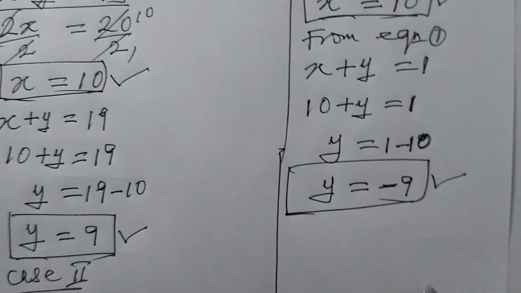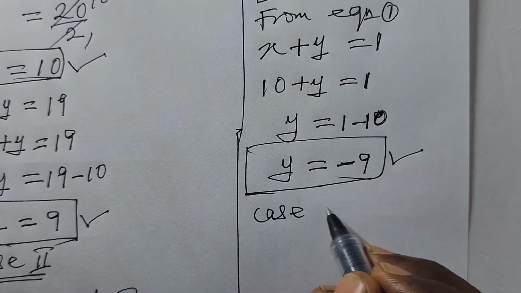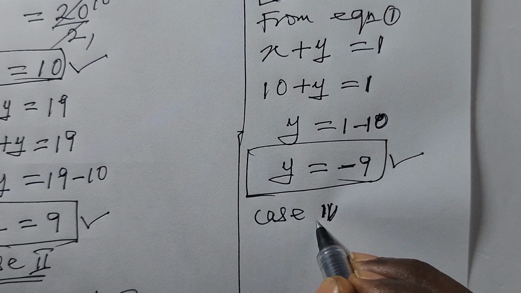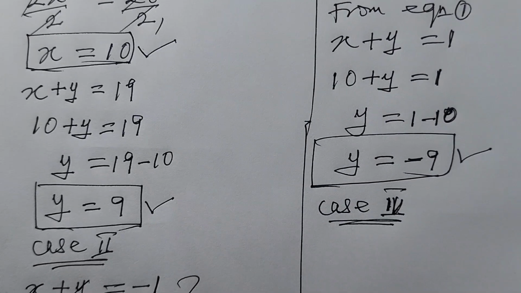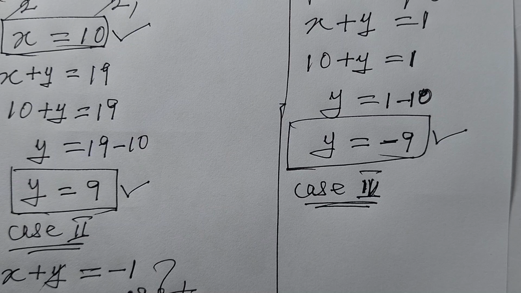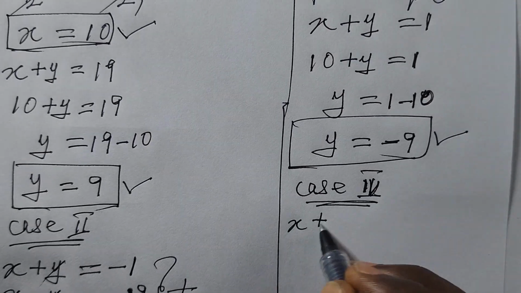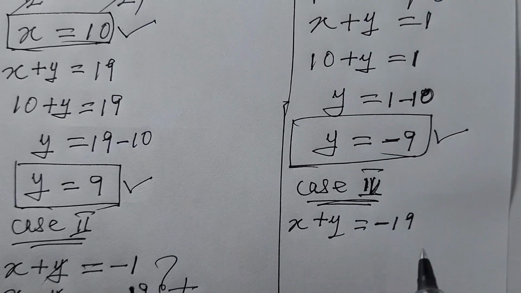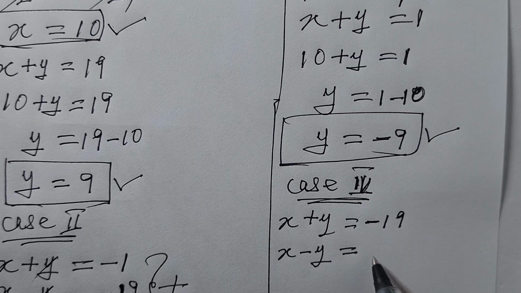So let's consider the last one, which is case 4. In our case 4, what are we going to consider this time around? It is easy. We're going to consider our x plus y equal to minus 19, and our x minus y equal to negative 1.